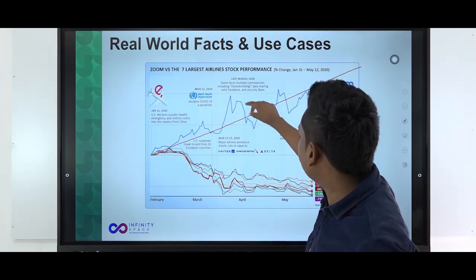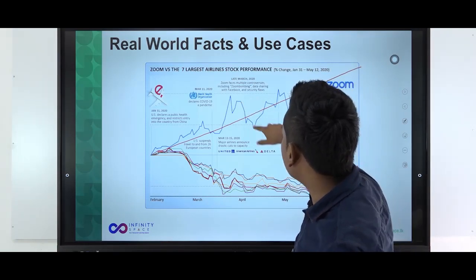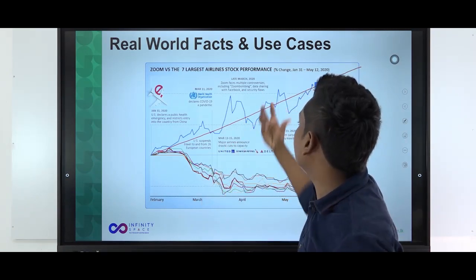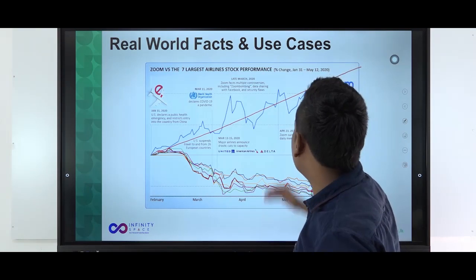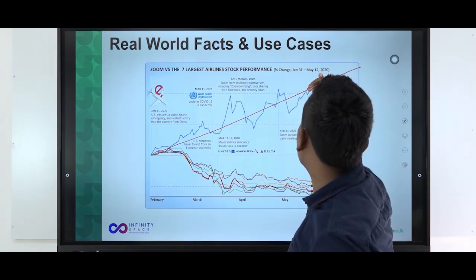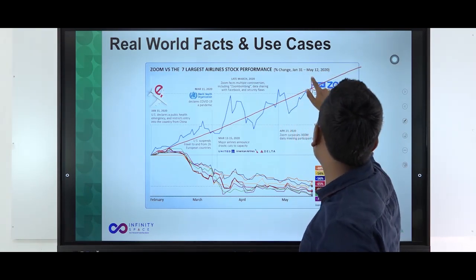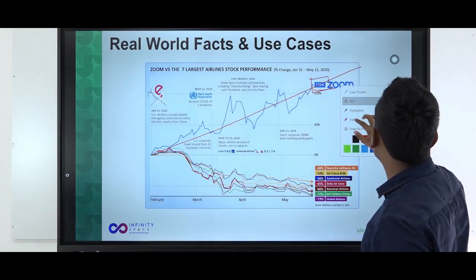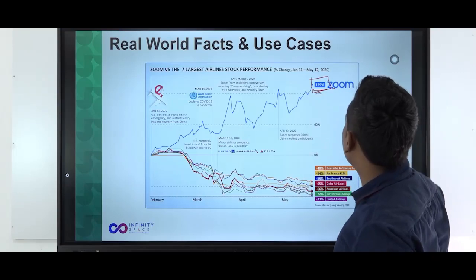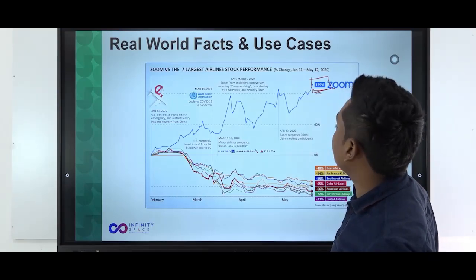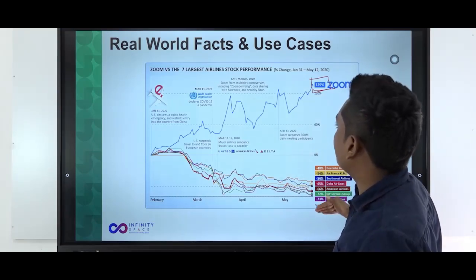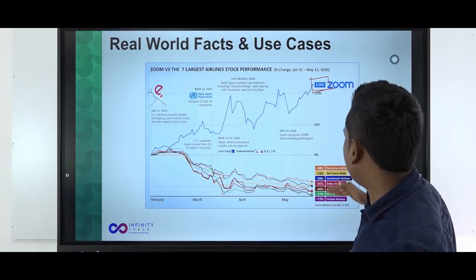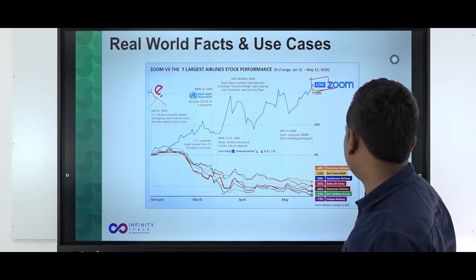Because of that, some stock prices went down because of the news that we heard. But again, people started using Zoom, and as a result, its stock performance increased 129% compared to airline stock performance, which declined and is in negative territory.